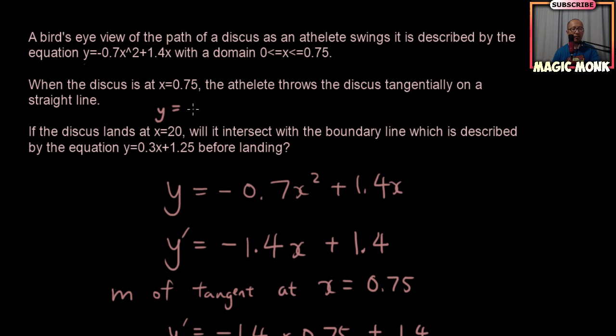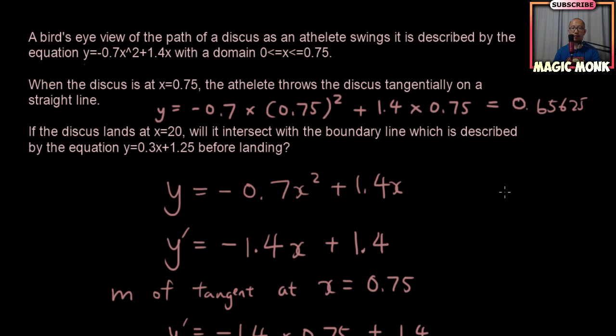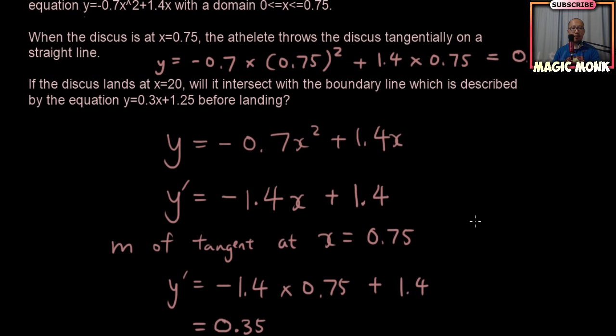So y equals negative 0.7 times 0.75 squared plus 1.4 times 0.75. Let's put all that into the calculator. 0.65625. So that's the y coordinate.